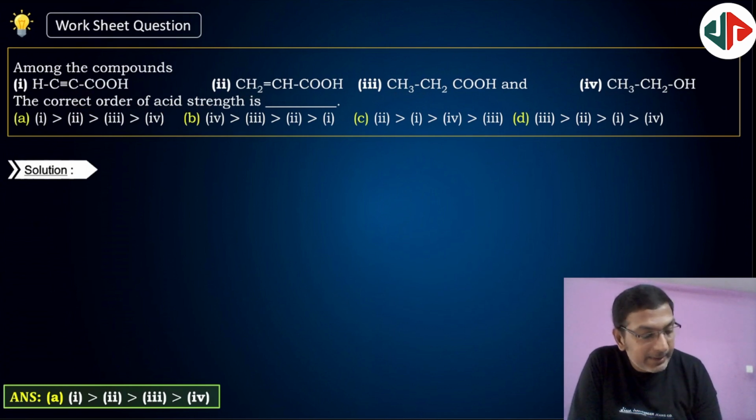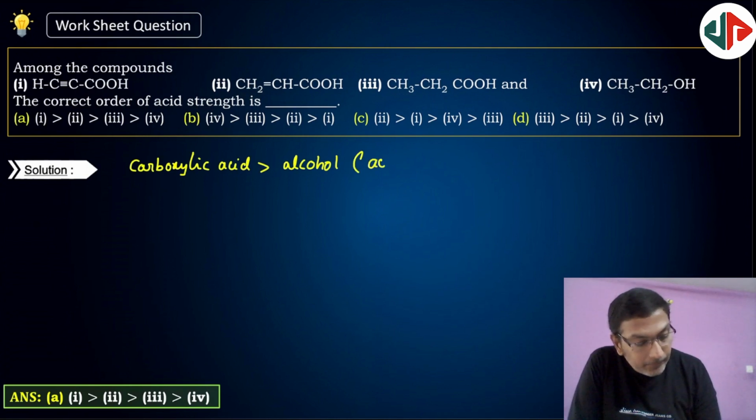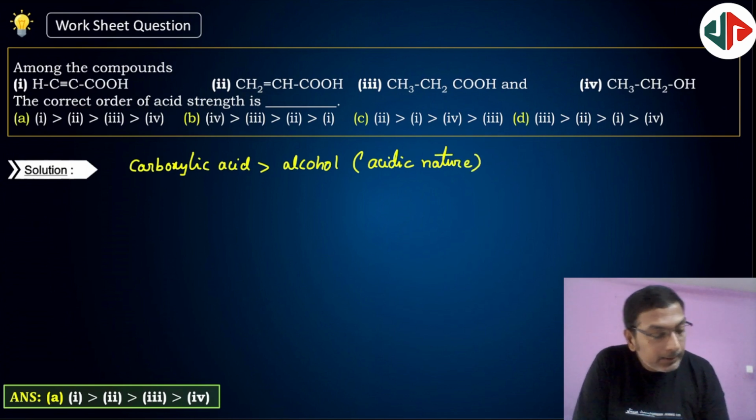Carboxylic acids are more acidic than alcohols. So here three carboxylic acids are given.